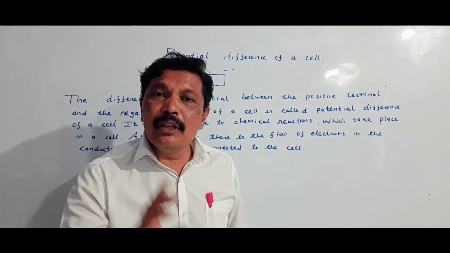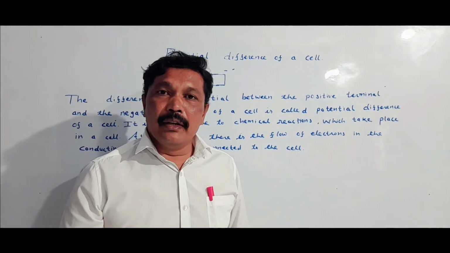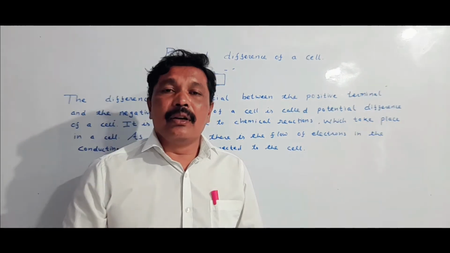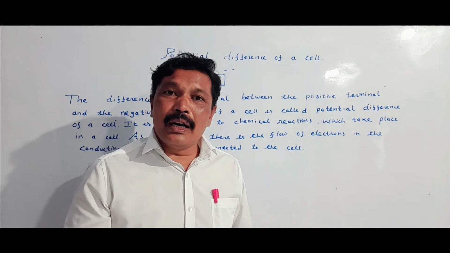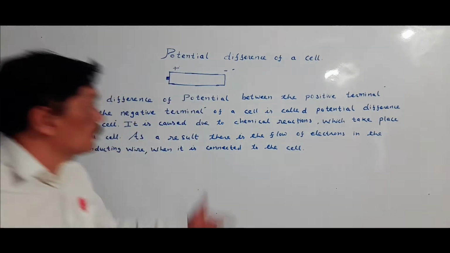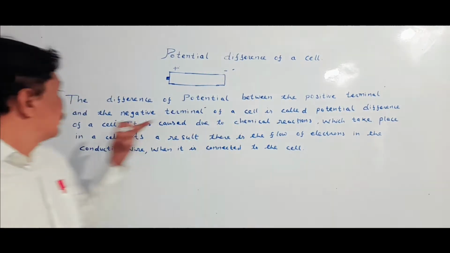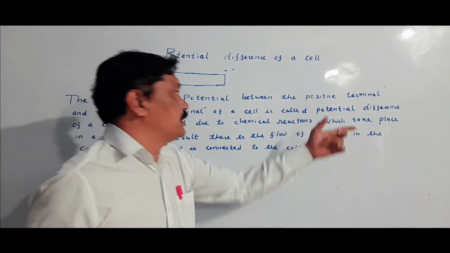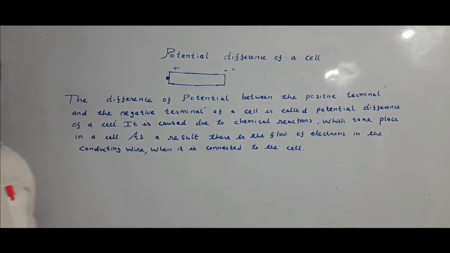My dear student, the difference in the potential between the positive terminal and the negative terminal of a cell is called potential difference of a cell. It is caused due to the chemical reaction which takes place in a cell.